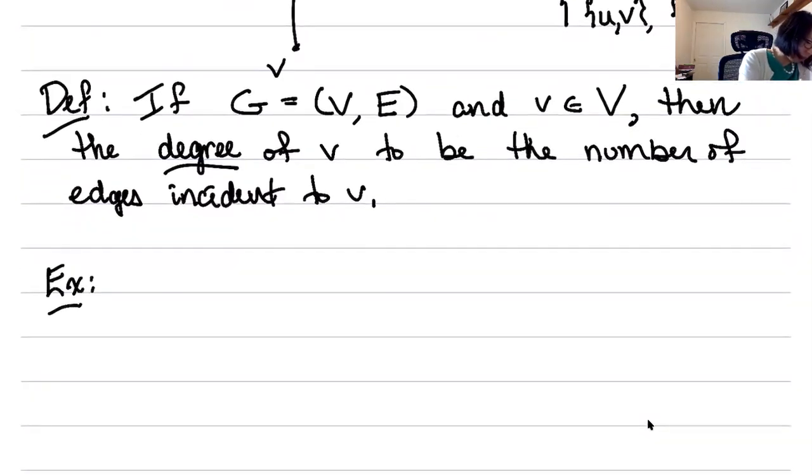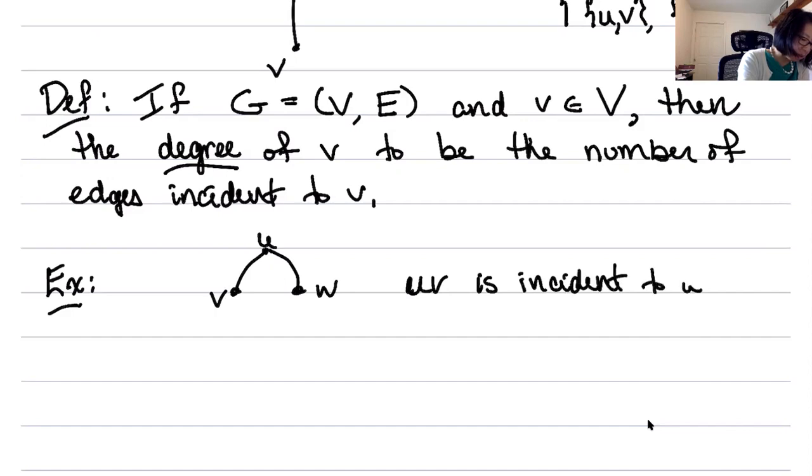So for example, in that graph we had above, I'll just draw it for you. Here's U, V, and W. The edge UV is incident to U and to V. The degree of U is 2 because there are 2 edges incident to it, the edge UV and the edge UW.